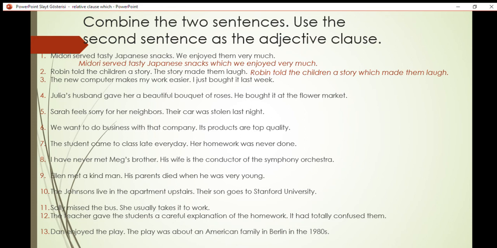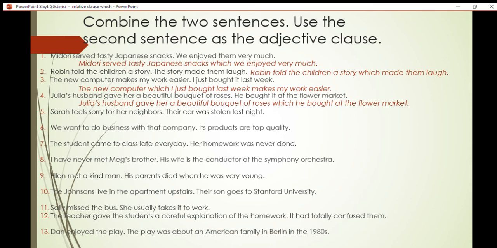3. The new computer makes my work easier. I just bought it last week. The new computer which I just bought last week makes my work easier. 4. Julia's husband gave her a beautiful bouquet of roses. He bought it at the flower market.